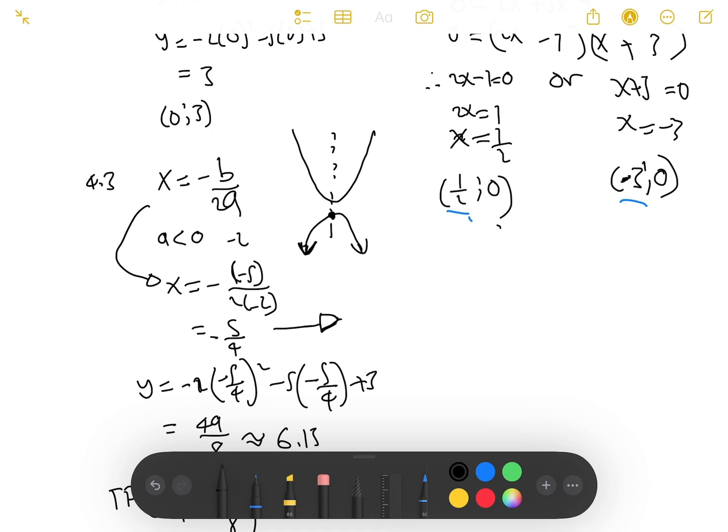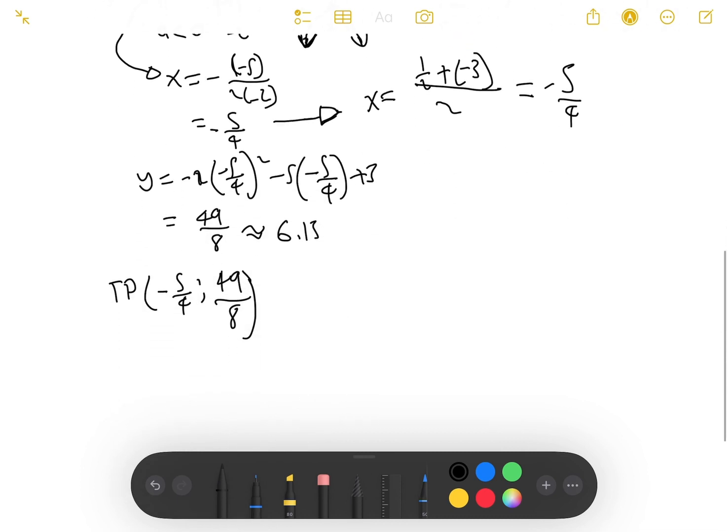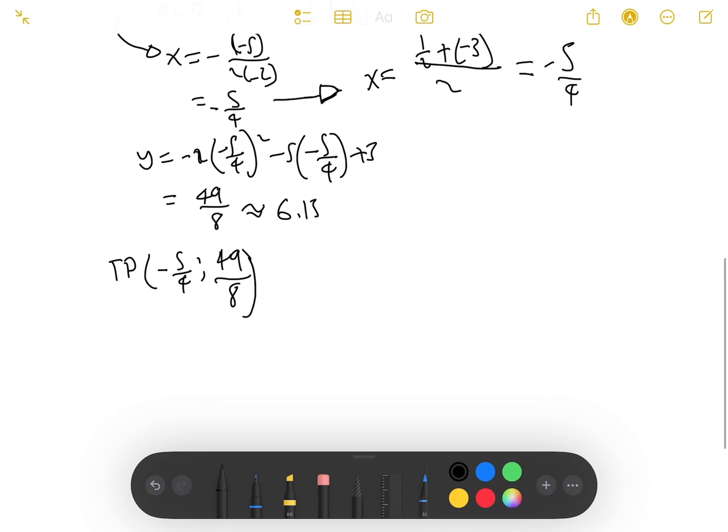One could have also said x equals half plus negative 3 over 2, all over 2, which will still give you negative 5 over 4. So this is because you have both roots, so you can also use that method. But in case you didn't have the roots, you just use this one here.